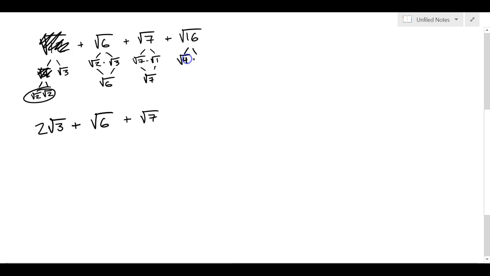And radical 16 breaks into 4 and 4. Broke my own rule here. I have a 4 and a 4, which gives me 4.